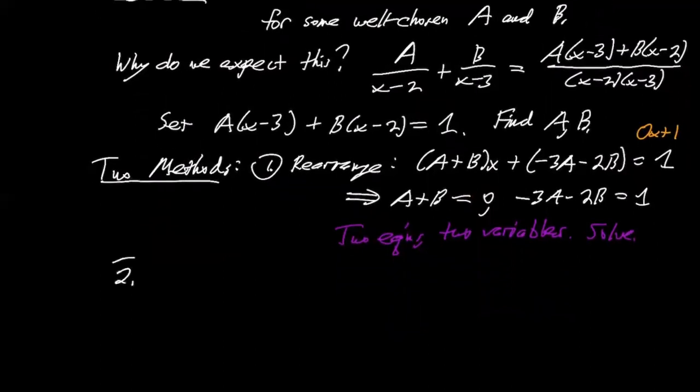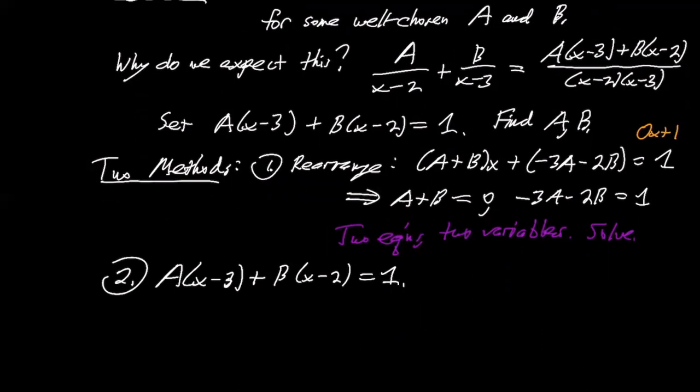So the second method is, let me write this equation again, and say, this is supposed to be true. You're not solving for X in this equation.